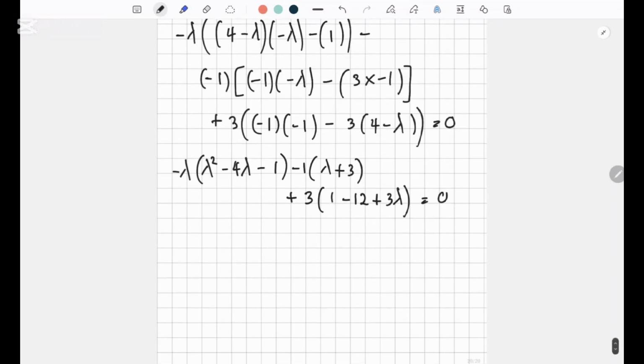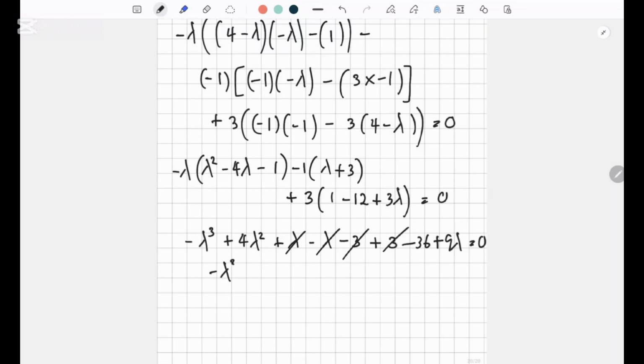So now we can expand the brackets again. So we have minus lambda cubed plus 4 lambda squared plus lambda, minus lambda, minus 3 plus 3 minus 36 plus 9 lambda equals 0. You can cancel off this lambda, you can cancel off 3, and you end up with minus lambda cubed plus 4 lambda squared plus 9 lambda minus 36 equals 0.